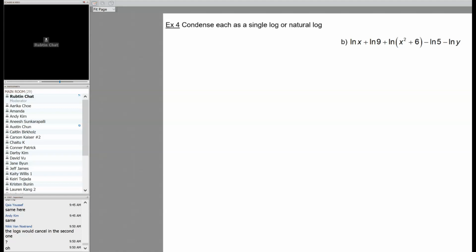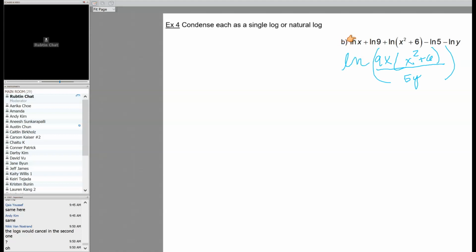So this is going to be ln of 9x times x squared plus 6, all over 5y. So you can jump directly from the expanded version to the condensed version.